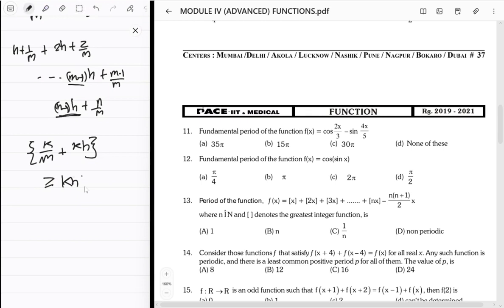Is this inequality correct or not? Is it just some kind of rational number or whatever, plus k times h? h is just some infinitesimal quantity. It must be right. It has to be equal to k times h.